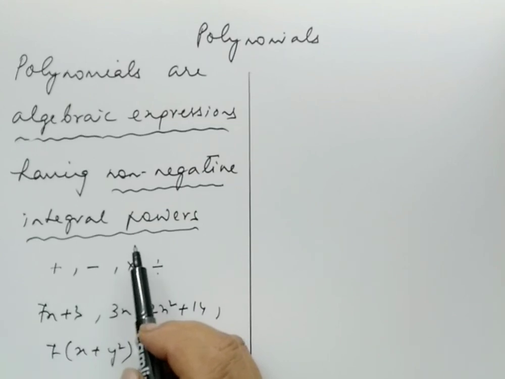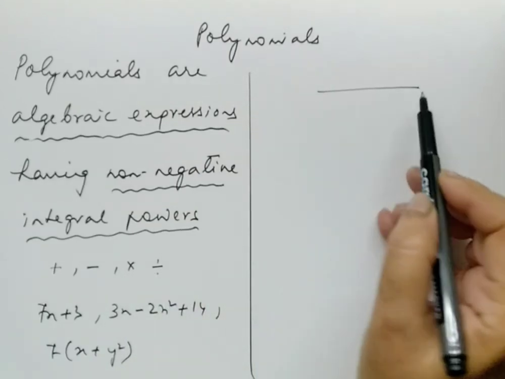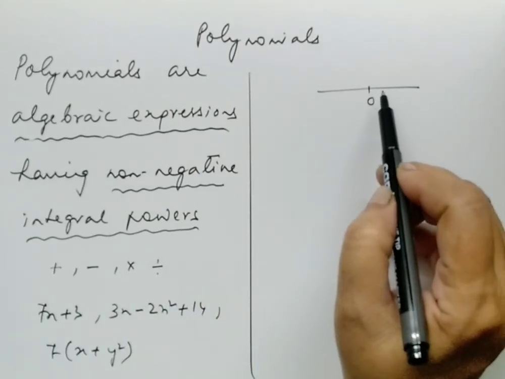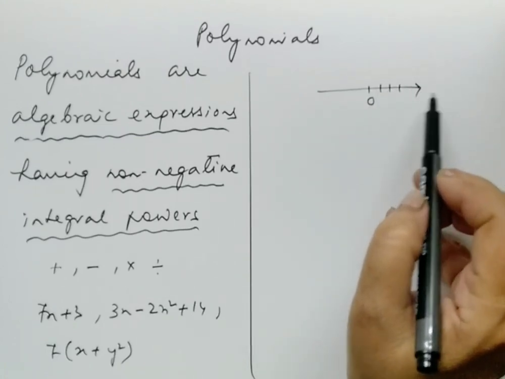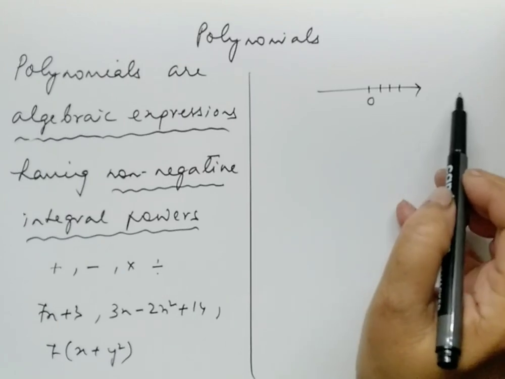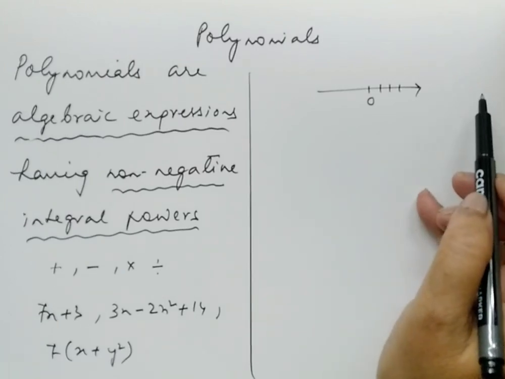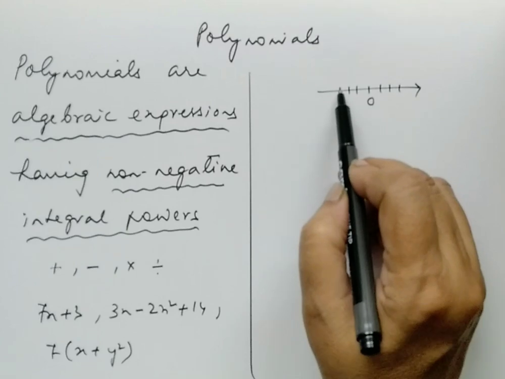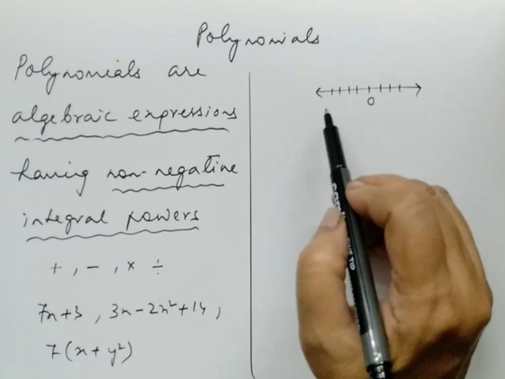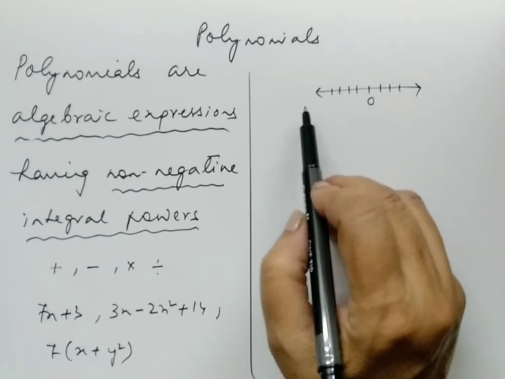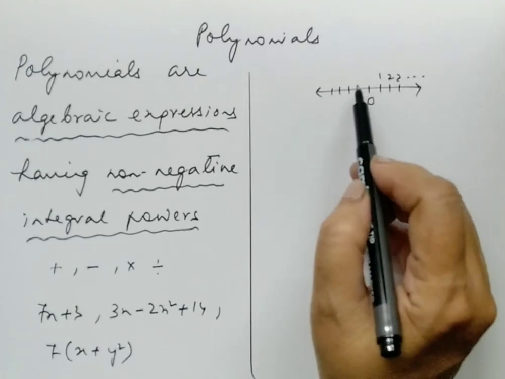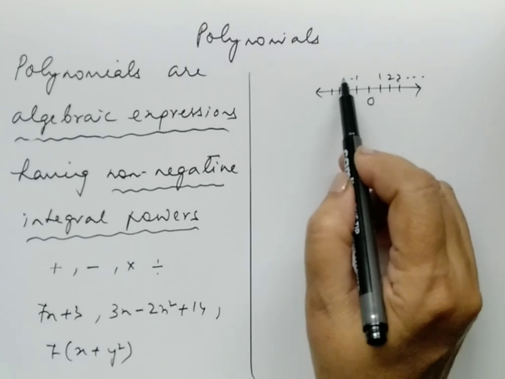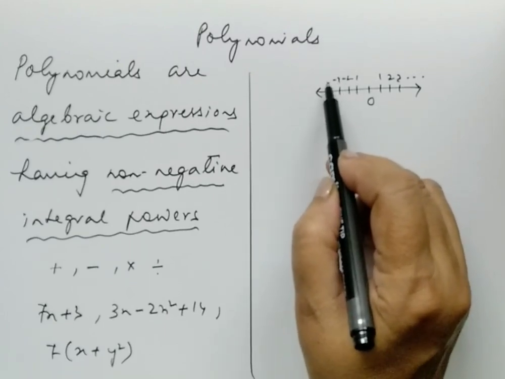You all know that on a number line, if we have a 0 here, then 1, 2, 3, all positive numbers extend infinitely on our right hand side, and all negative numbers stretch infinitely on our left hand side, minus 1, minus 2, minus 3, and it just goes on.